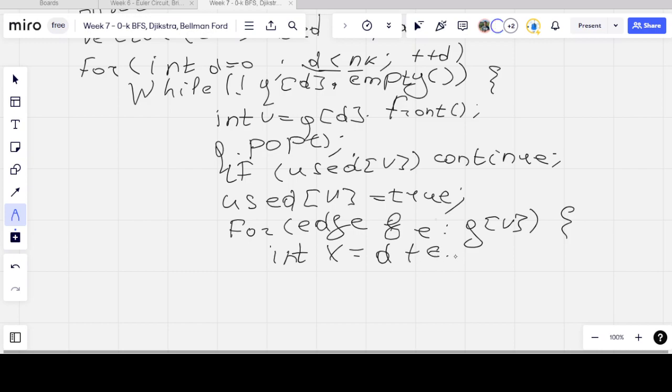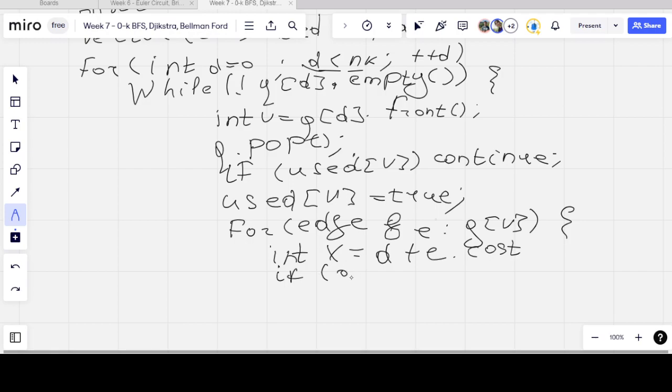If you didn't know what relaxation is, it's just an update. We try to update the minimum shortest path from S to this vertex.